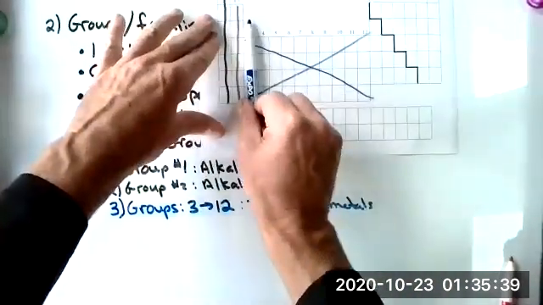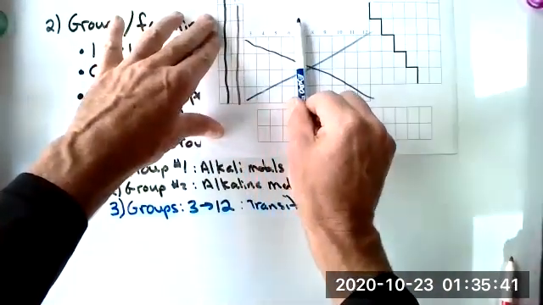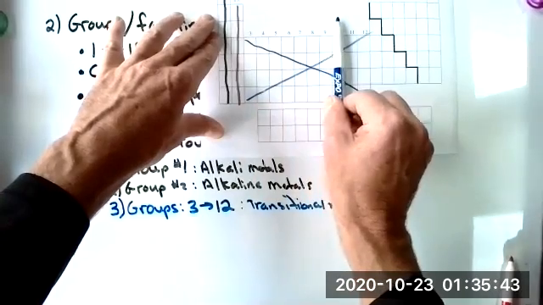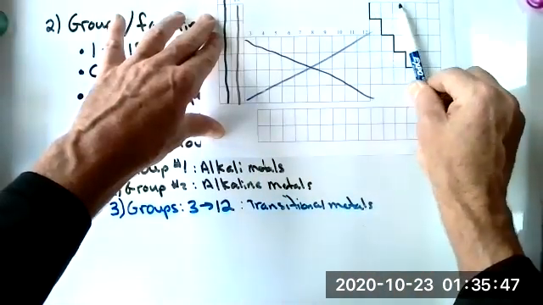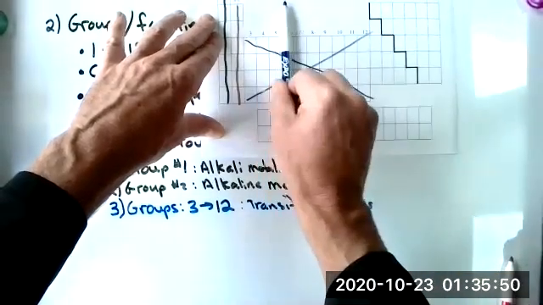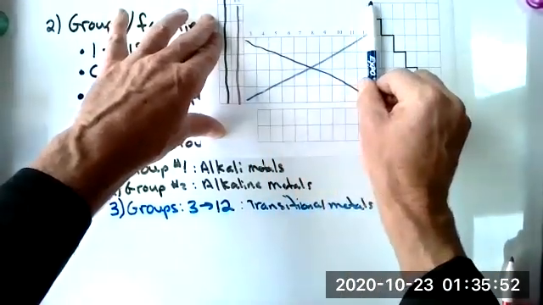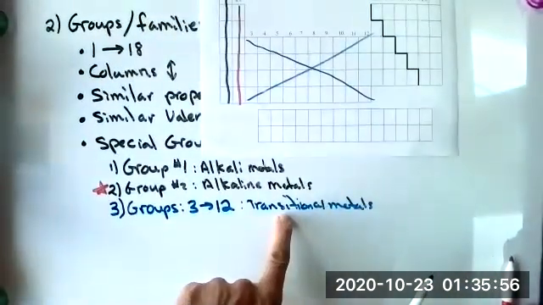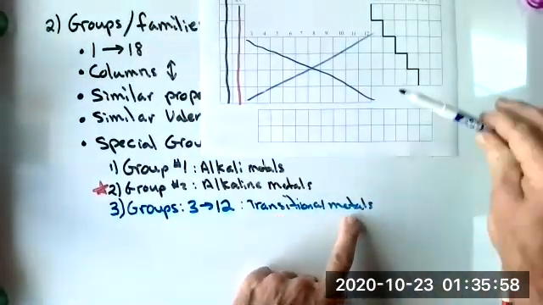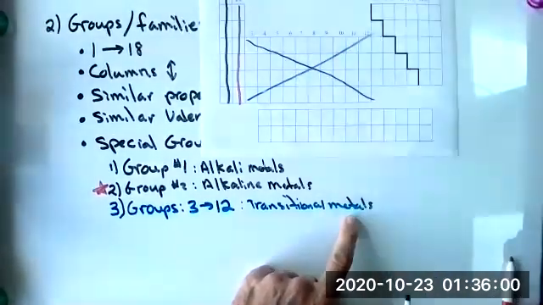If we start to move over to the right side of the table, we are slowly getting closer to metalloids, and then we'll slowly get into nonmetals. So they are transitioning from one element type to another. That's why they stuck that word in there. Yes, they're metals because they're left of that zigzag line.